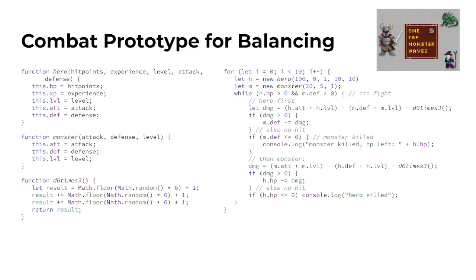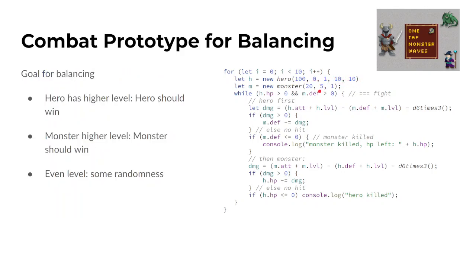So we had the hero with the hit points, the experience, a level, attack and defense values, and the monster with a level, attack and defense value. And then this one is just rolling the die, this part here. That's the easy part. And this would be 10 times a monster versus a hero, and we can fool around with these parameters and see if the monster actually kills the hero or the other way around.